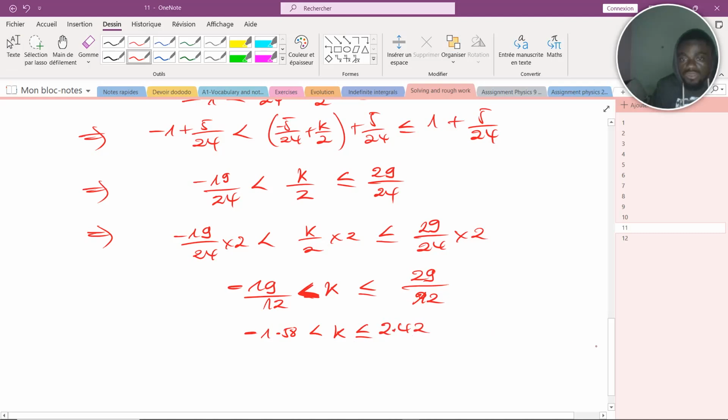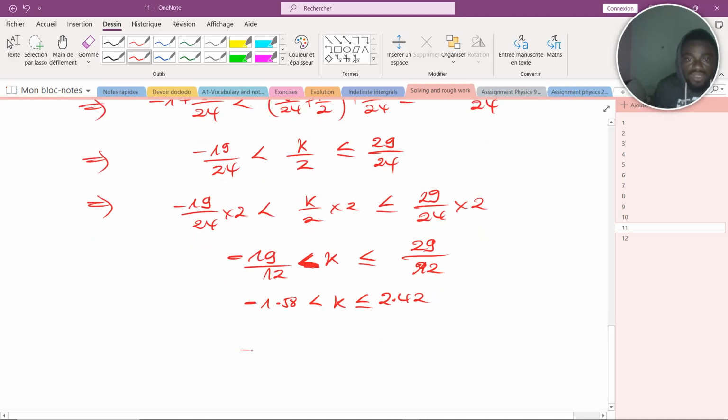2.42. Okay, this number line thing, you are supposed to do it in your rough work. So let me put this number here. This is minus 1.58 and this is 2.42. So this is open and here it is closed. The integers we are supposed to take must be inside here.